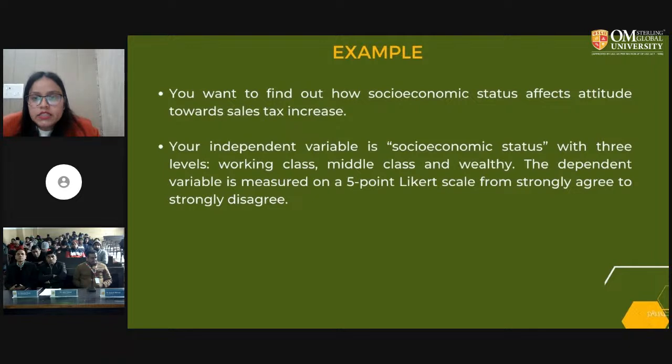The same example can be used in ANOVA also, but you have to find out whether your data is normally distributed or not. If the data is not normally distributed, you can use the Kruskal-Wallis test as an alternative to ANOVA.